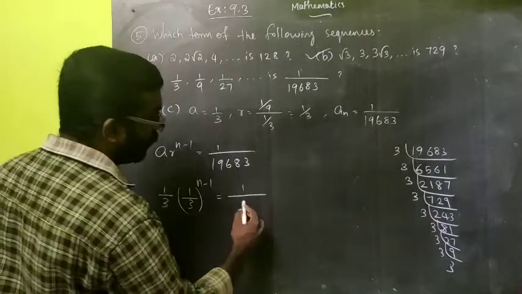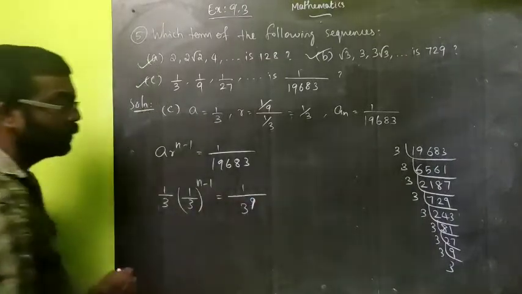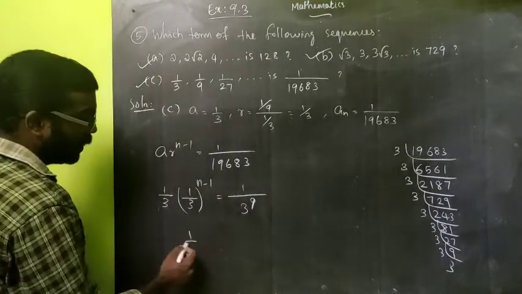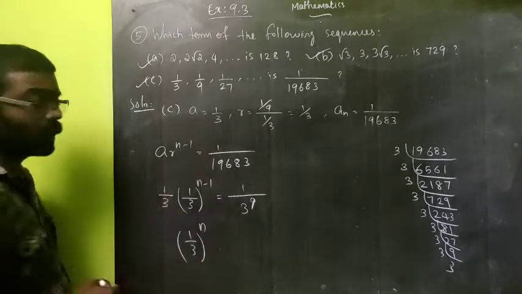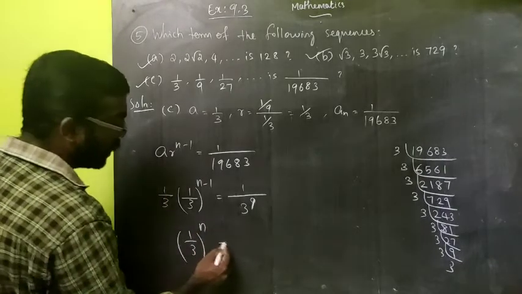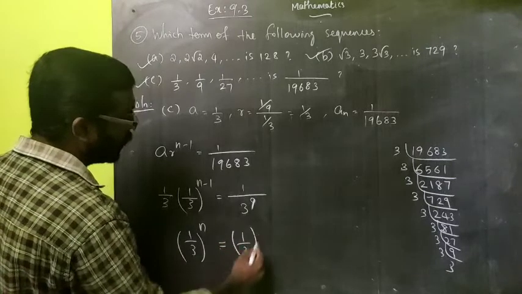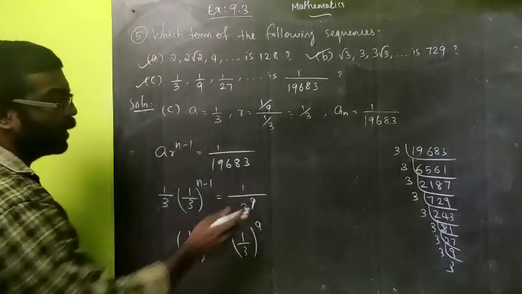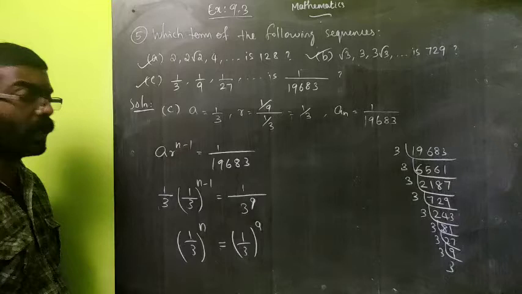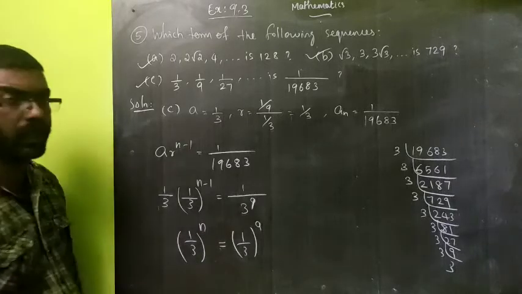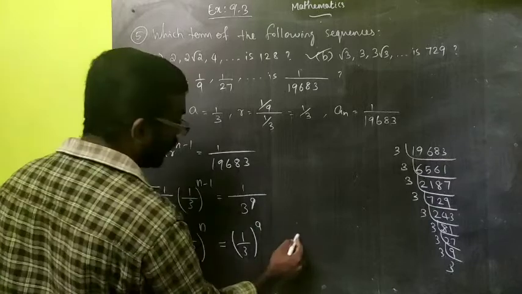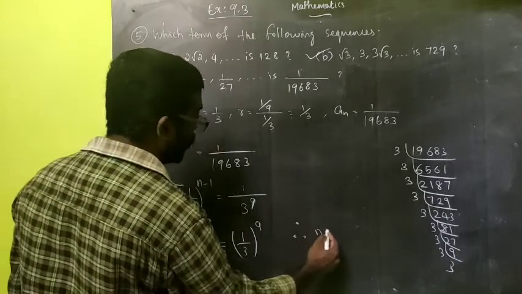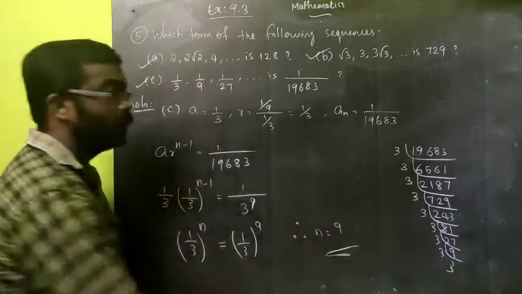So we can write 3 raised to 9. That is 1 by 3 raised to 1 plus n minus 1, which is n, which gives 1 by 3 raised to 9. 1 raised to any number gives the same value, so 1 by 3 raised to 9 can be written as 1 by 3 the whole raised to 9. On comparing we get the value of n is equal to 9. Clear?